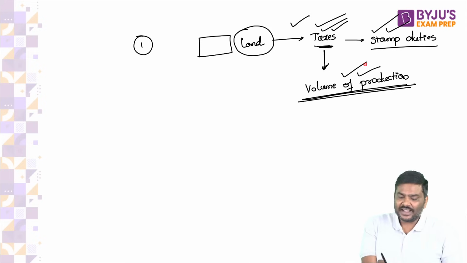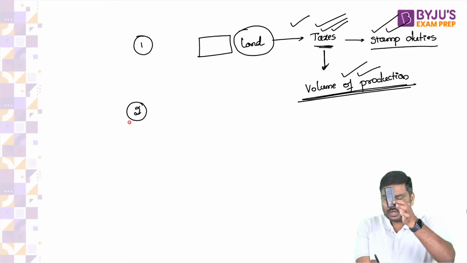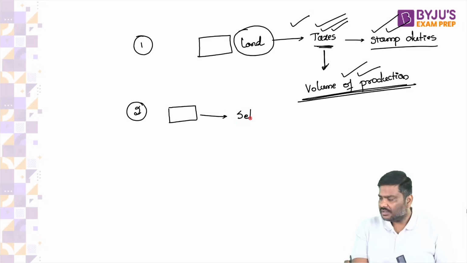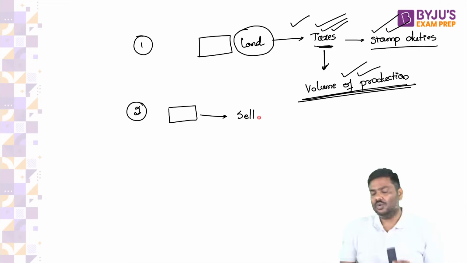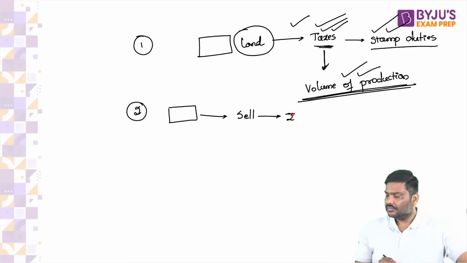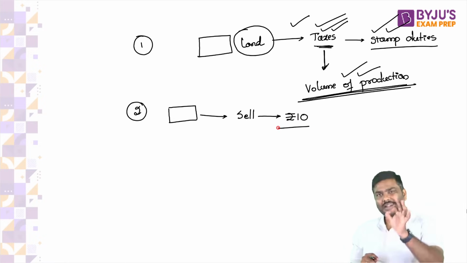Now let me take a second example. Imagine you will manufacture this remote control. You will sell it in the market. Government says for every one remote control, we will collect a tax of 10 rupee. For every one remote control that you sell, we'll collect 10 rupee.